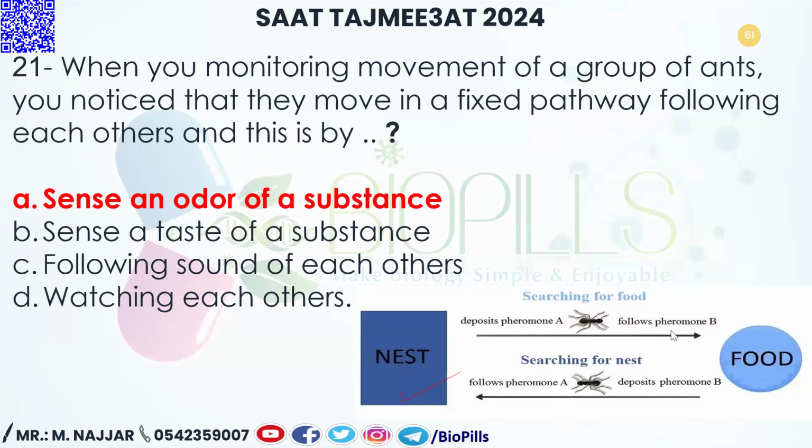So it's a way of communication between the ants, not only ants, but members of the same species. The most important thing about the pheromone is that it is not captured or read by members of another species, so they will not be eaten or chased.